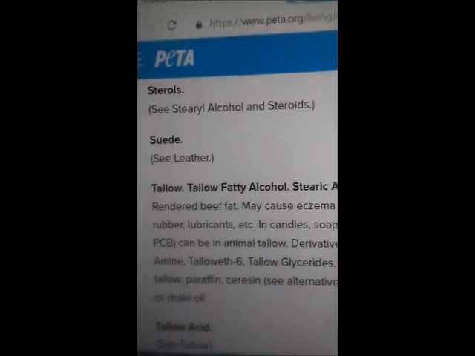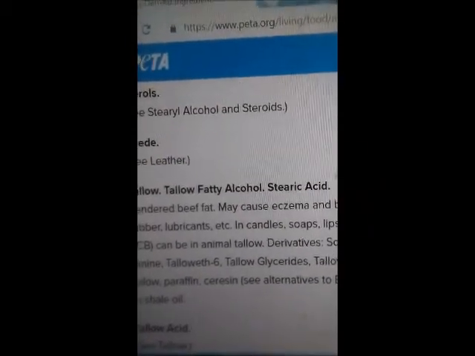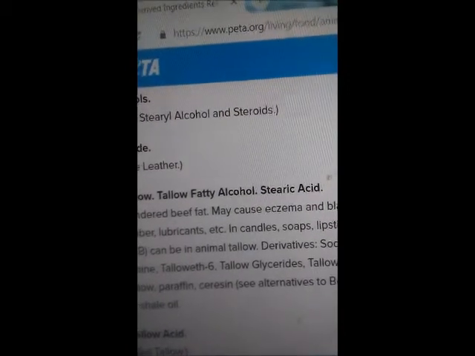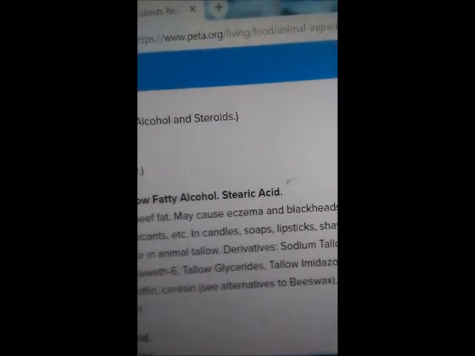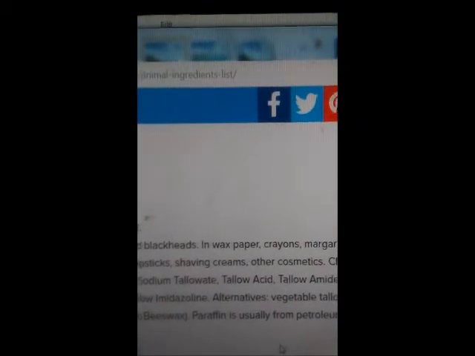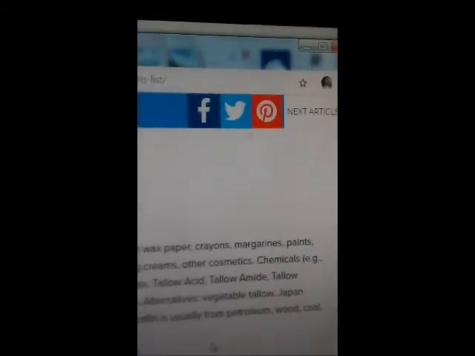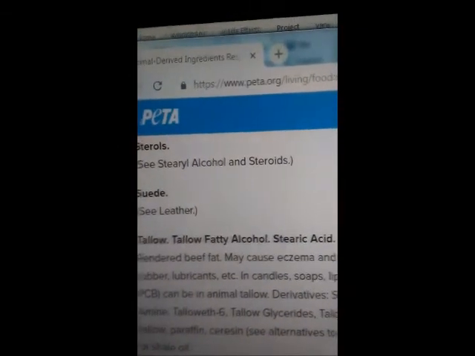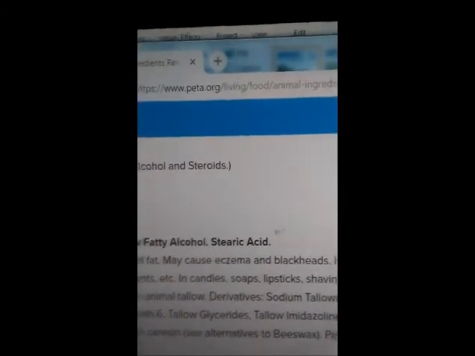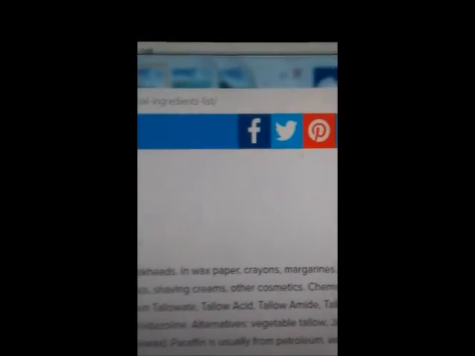They'll use anything like dog, cat, and anything else, deer or whatever. But this is rendered beef fat. May cause eczema and blackheads. In wax paper, crayons, margarines, paints, rubber, lubricants, etc. In candles, soaps, lipsticks, shaving creams, other cosmetics.